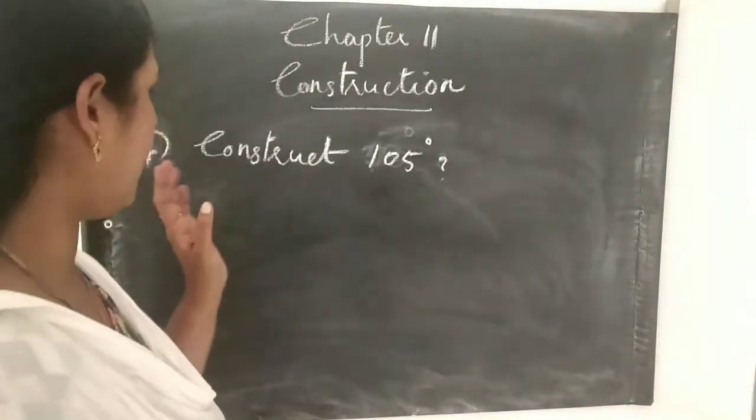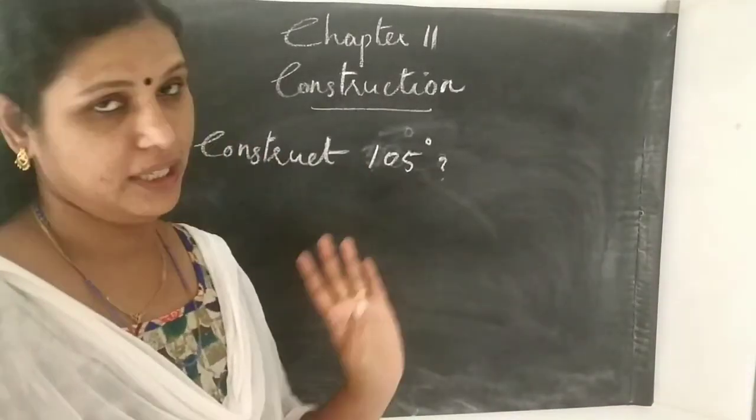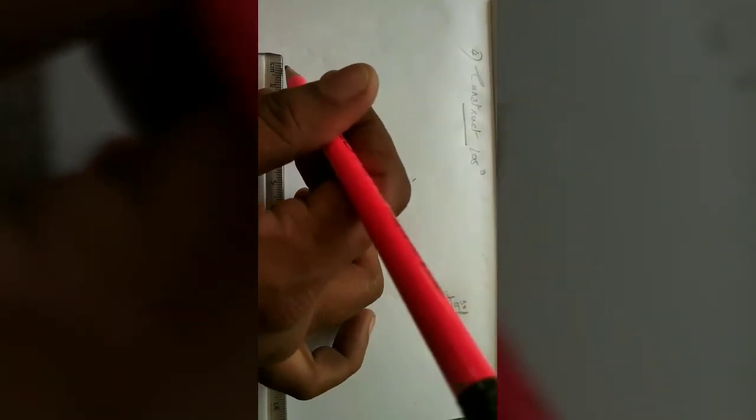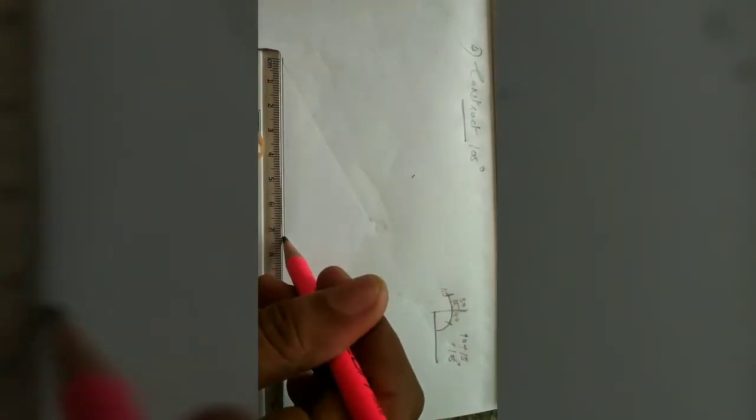The last question is how to construct 105 degree. First we draw a line segment A, B. And then next, at a convenient arc, we construct the angle 90 degree.